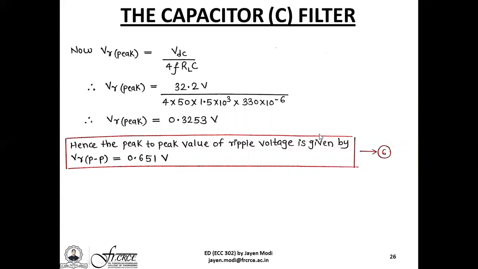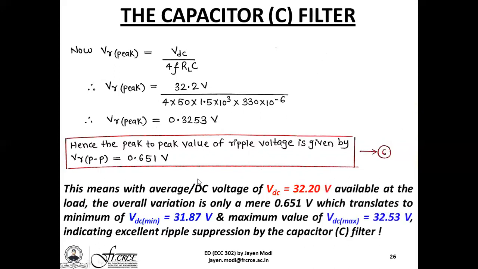Now, what is this physically saying? This says that with the average or the DC voltage value of VDC is equal to 32.2 volts available at the load, the overall variation is only a mere 0.651 volts, which means the minimum DC value is 31.87, while the maximum value will be 32.53, which indicates an excellent ripple suppression by the capacitor filter.